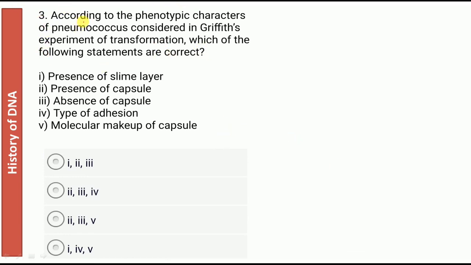Next question. According to the phenotypic characters of pneumococcus considered in Griffith's experiment of transformation, we know that this transformation experiment was done by Griffith. The name of the scientist is also asked in many of the papers, so kindly note down by whom this transformation experiment was done.